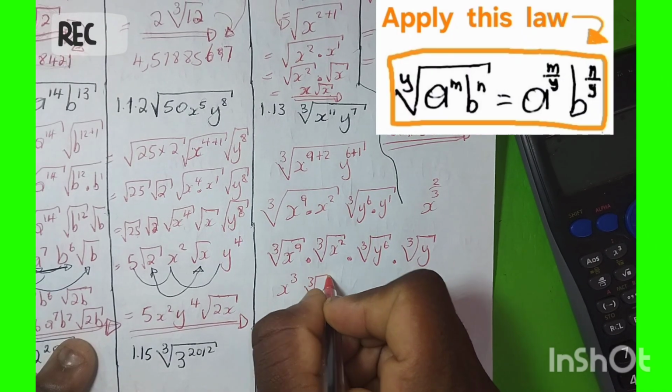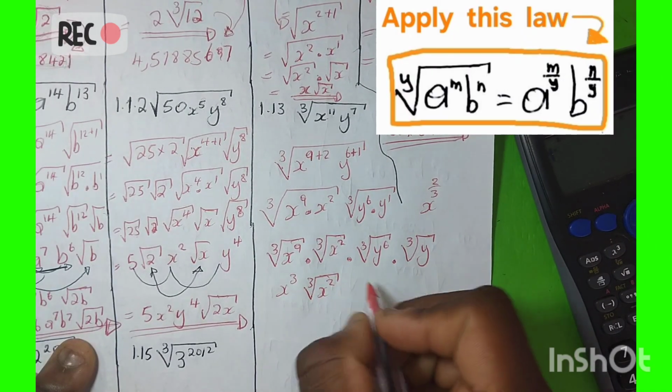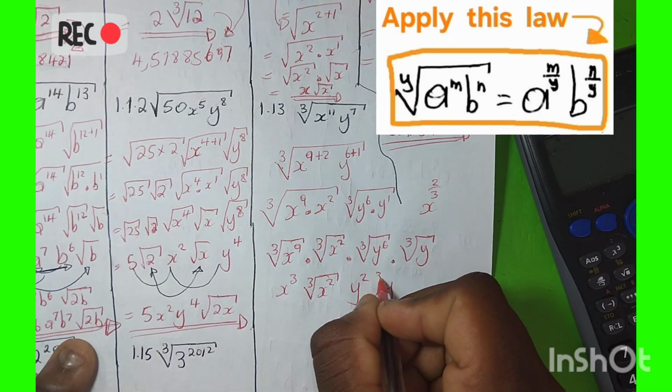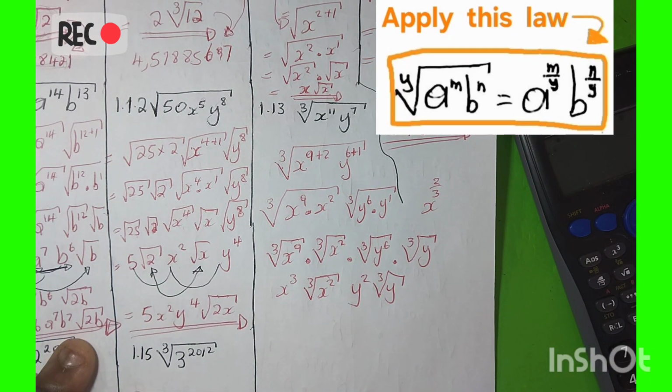This is what I can just do there. I can say this is x cubed, then for this one inside divided by outside it's 2, then for this one it's y cubed.